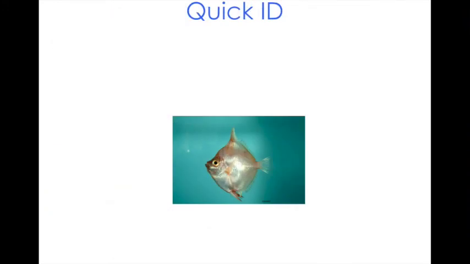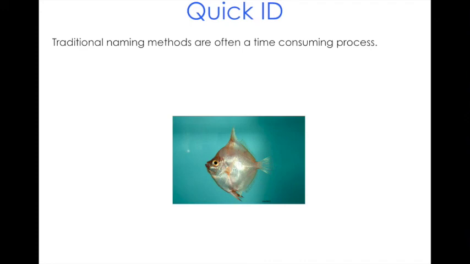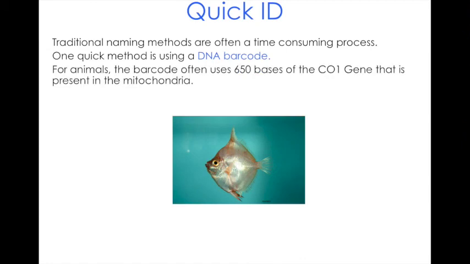Nowadays, we're pretty good at tagging, identifying species, and then immediately categorizing them. We use a quick ID method. Traditionally, we would have to look at the structure and break it up, but now we use something called a DNA barcode, and it's pretty convenient because it's 650 bases in the CO1 gene, which is present in the mitochondria. The DNA barcode helps us identify that particular organism, right?